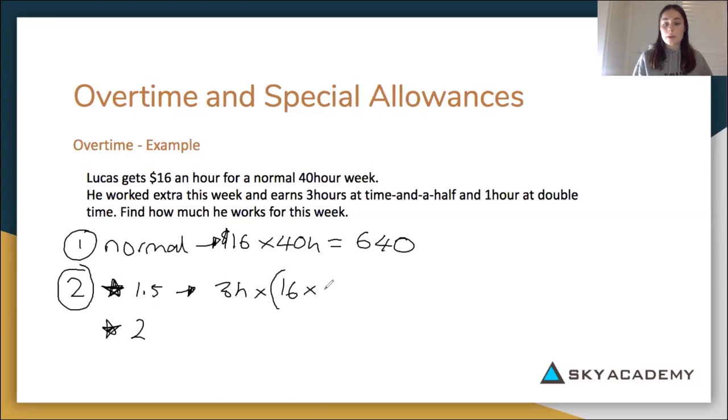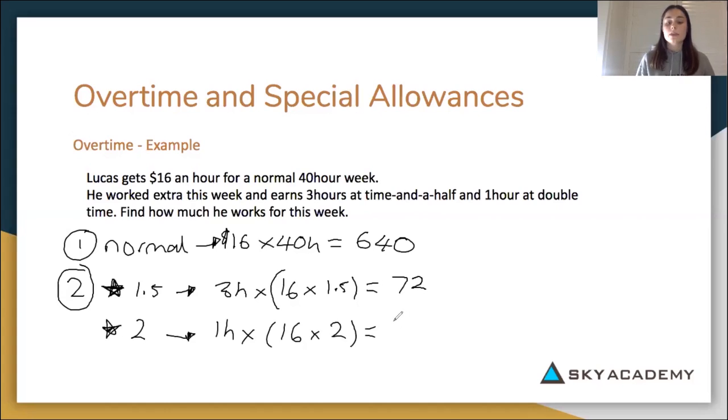When you put that into your calculator, you should get $72. Now I'm going to do the same thing, but for double time. He works 1 hour at double time, so times your normal pay rate times double time, which is 2. And you should get an answer of 32 for that.